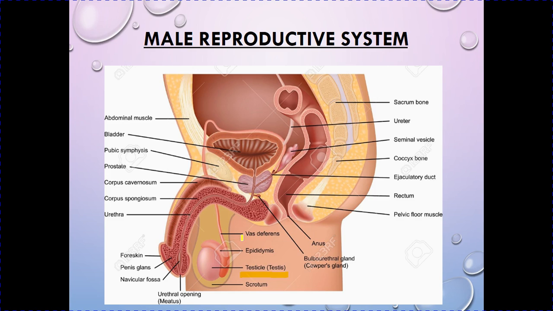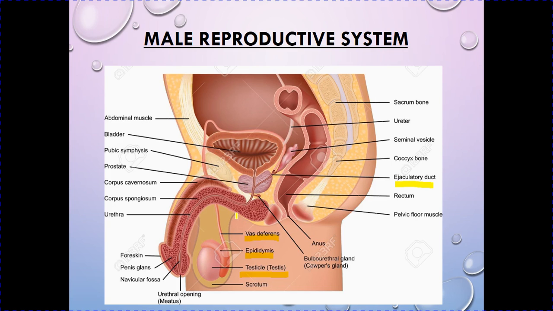Now there are various ducts which are present inside the testes as well as outside the testes. They are the epididymis, vas deferens, as well as the ejaculatory duct. So there is a system of ducts.